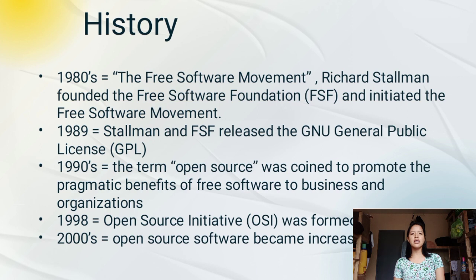The OSI established the open source definition, a set of criteria for software to be considered open source. In 2000 and beyond, open source software became increasingly mainstream. Major companies started adopting open source solutions, recognizing the cost savings, flexibility, and security benefits.